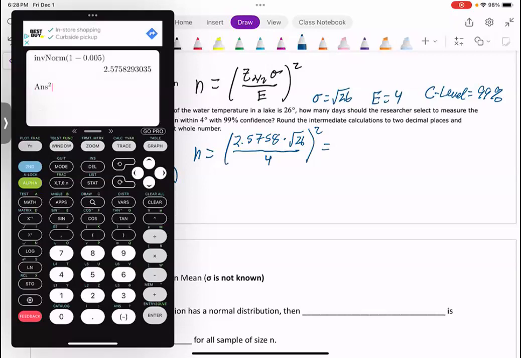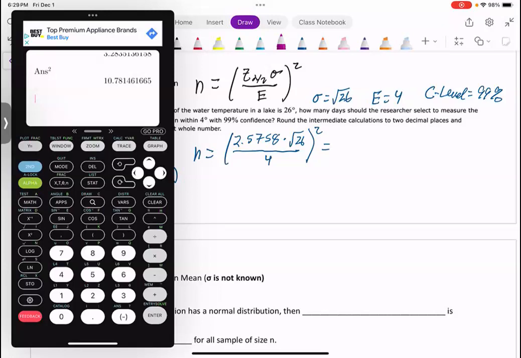Let's do this: 2.5758 times the square root of 26. Make sure you get outside of the radical, divided by 4. And now I'm going to square the whole thing. And we always round up.